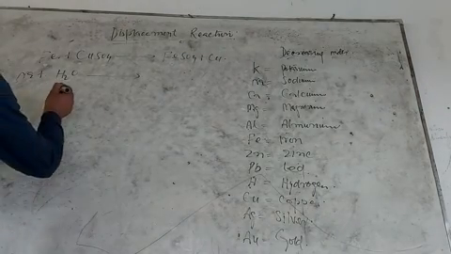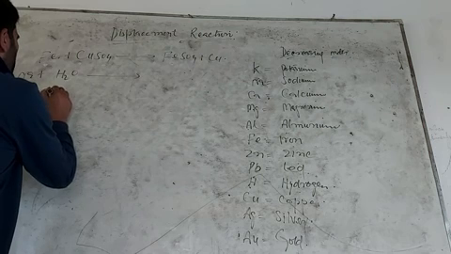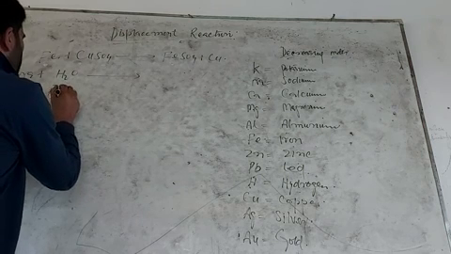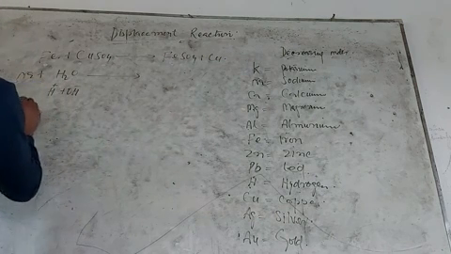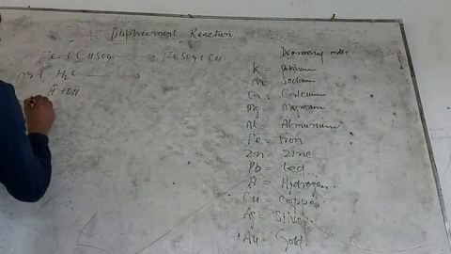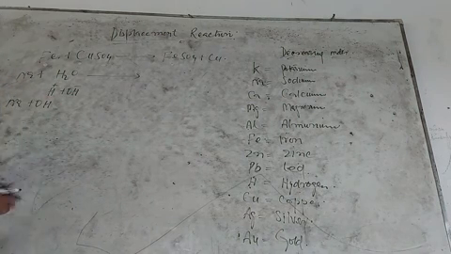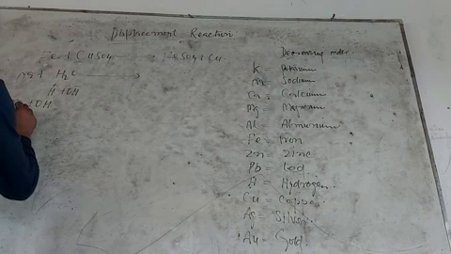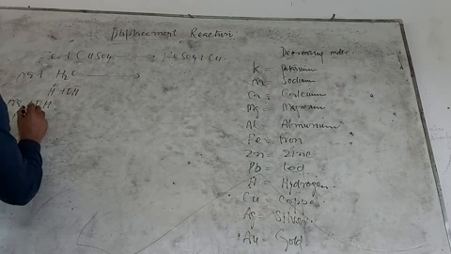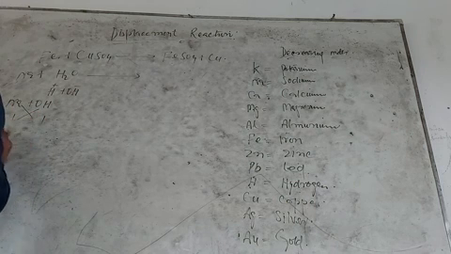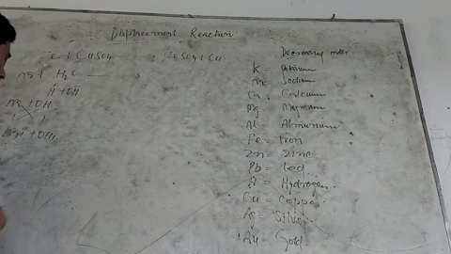Dear students, when we break up this water, we will get H positive plus OH negative. When we combine Na with OH, as we know Na has valency 1 and OH also has valency 1. When we cross-multiply these, we will get Na1 OH1.